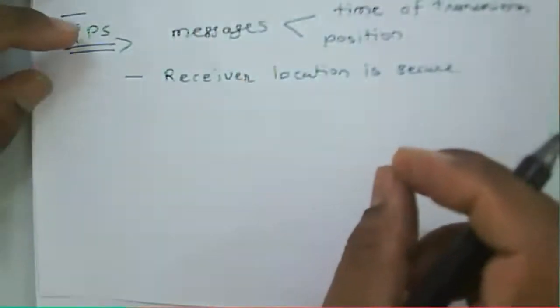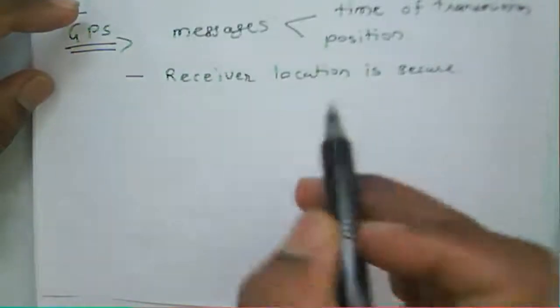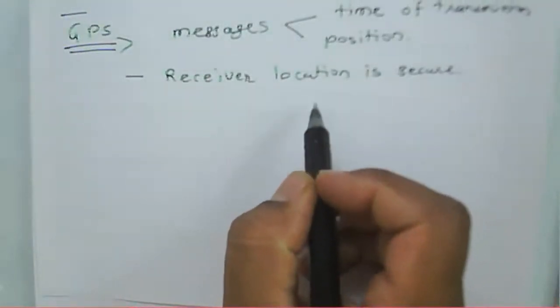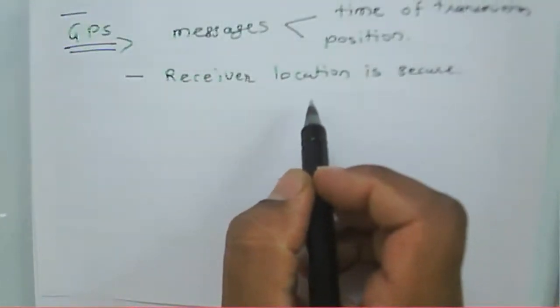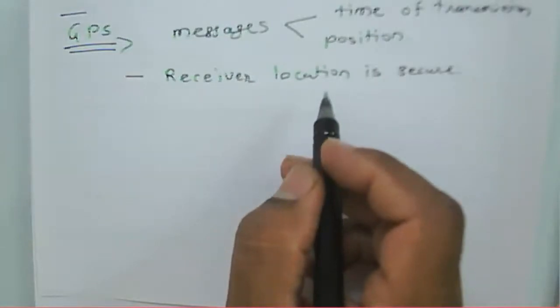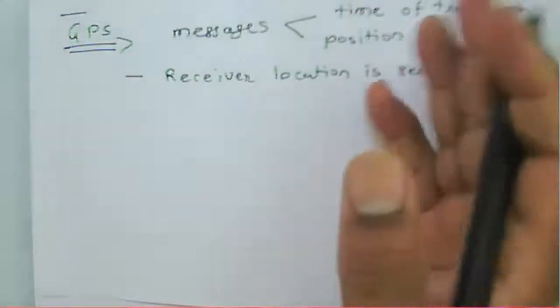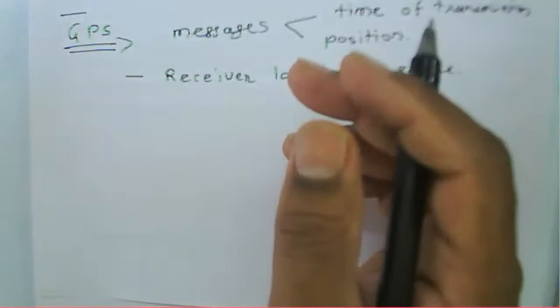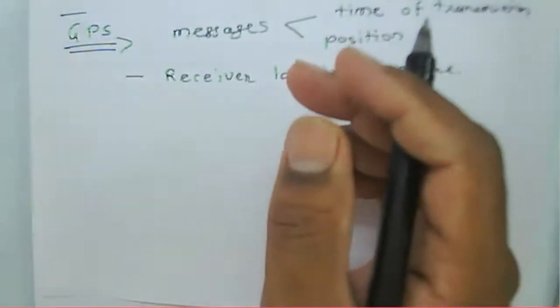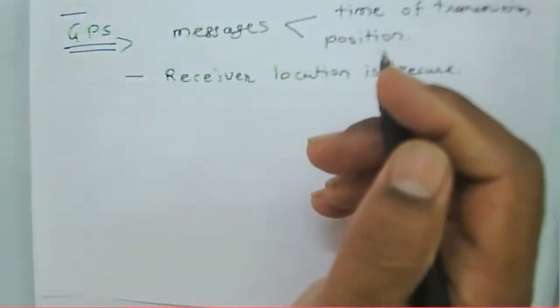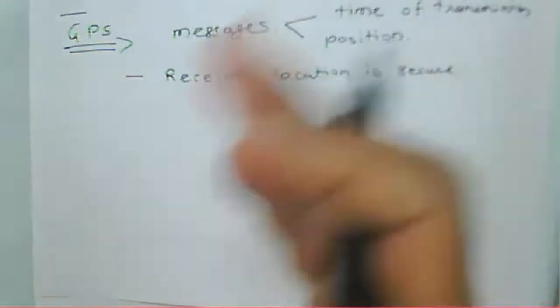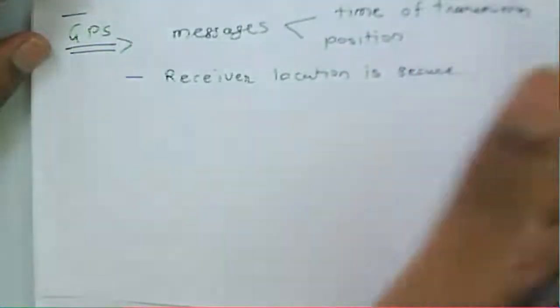So for the receiver receiving the signal from the various satellites, the satellite signal is transmitted toward the receiver.